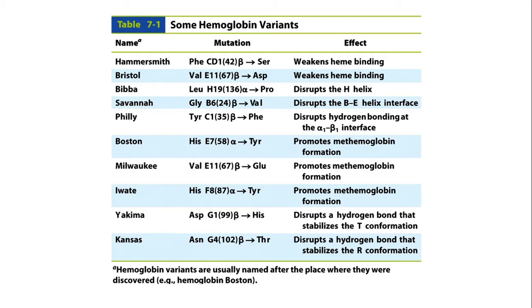Larger or significant exposure is going to lead to toxicity of the central nervous system, which can lead to death, essentially. Carbon monoxide is a competitive inhibitor of oxygen. Hemoglobin's affinity for CO is 200 times greater than its affinity for oxygen. So once it binds, it's really hard to get rid of it.